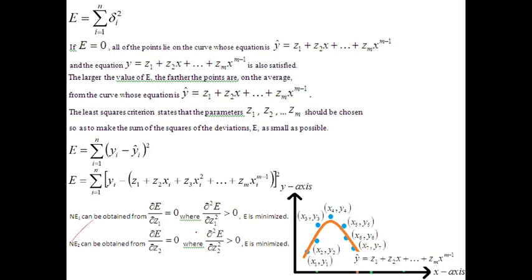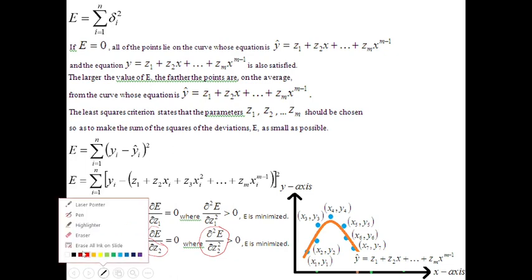So, this is obtained, the second normal equation with respect to the second parameter, then equate that to 0. Pag tinake natin yung second derivative ng E, ito yung makukuha natin. So, yung derivative nung na-derivative, yun ang second derivative. So, if that is greater than 0, E is also minimized.